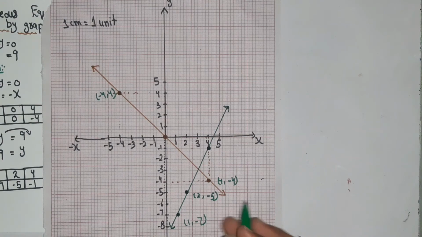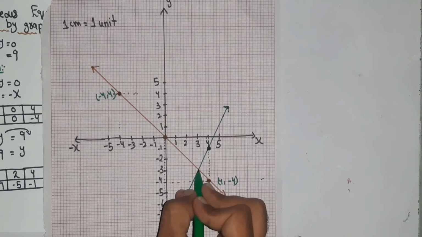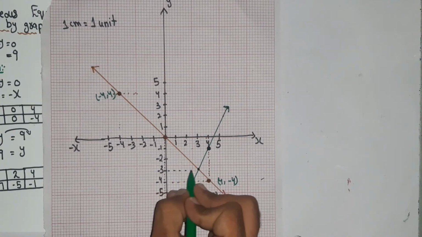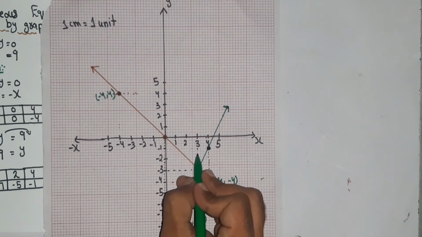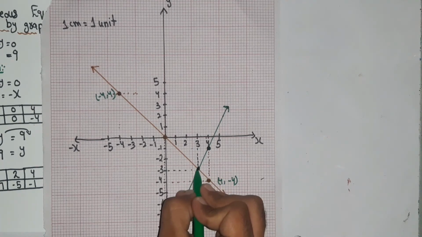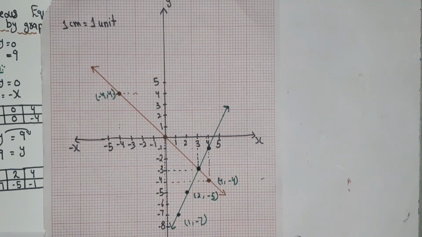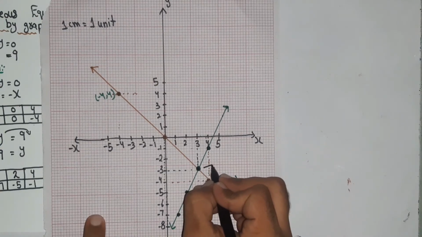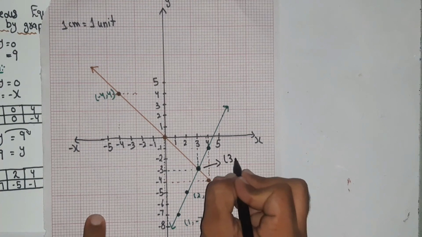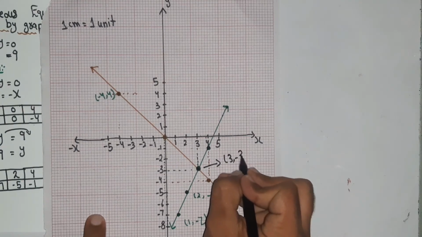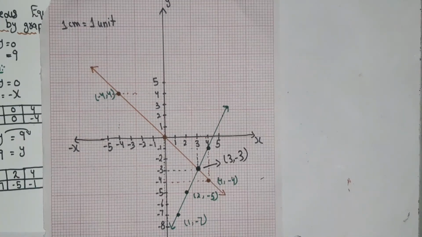So clearly you can see that these lines cut at this point. These lines cut at this point, and this point is our solution, and the coordinates of this point is 3, minus 3. So this is the solution of our question.